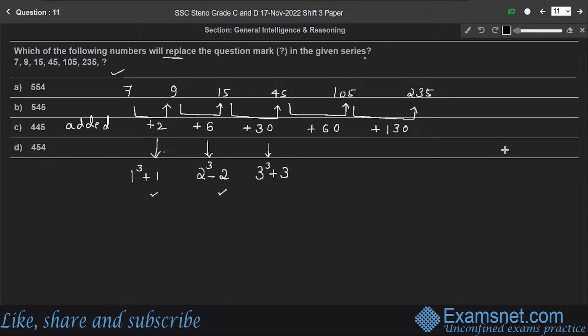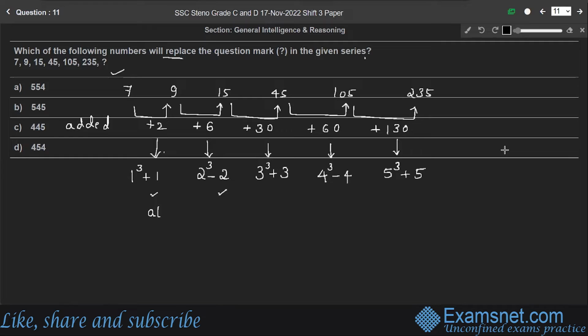So 3 is added here. In the fourth step, I can write 60 as 4 cube minus 4. In the fifth step, I can write 130 as 5 cube, 5 cube is 125, plus 5. The same number is added here, so cube of 5 plus the number 5 itself.